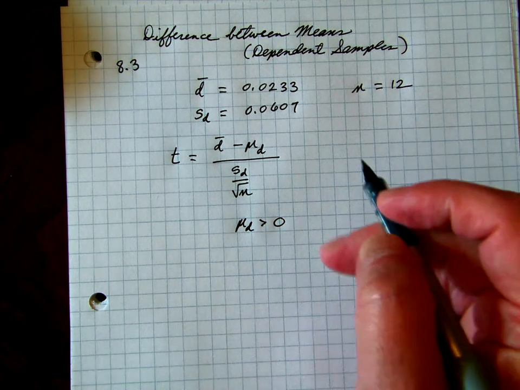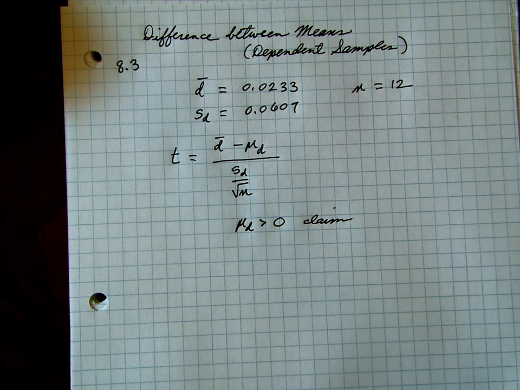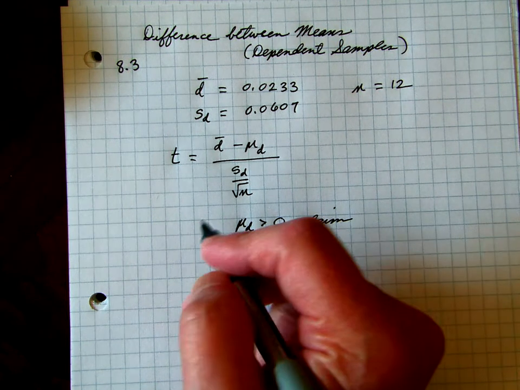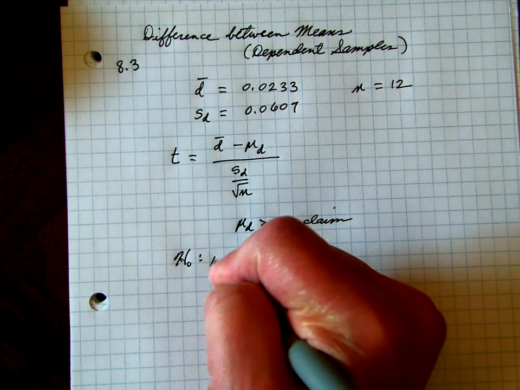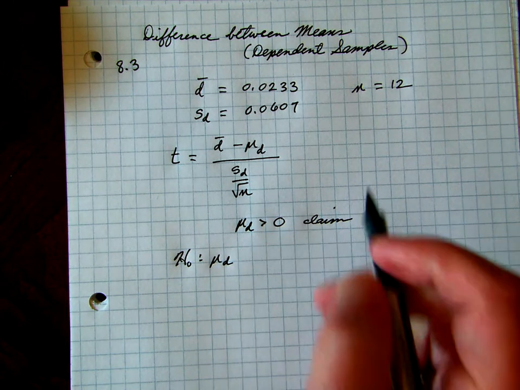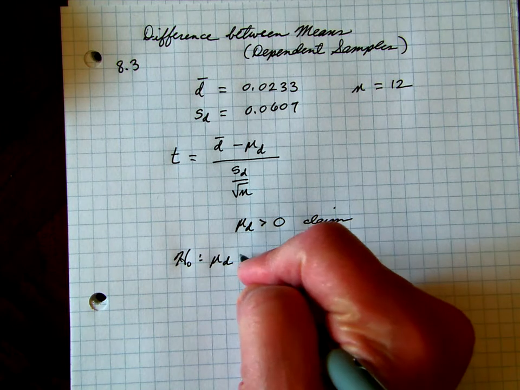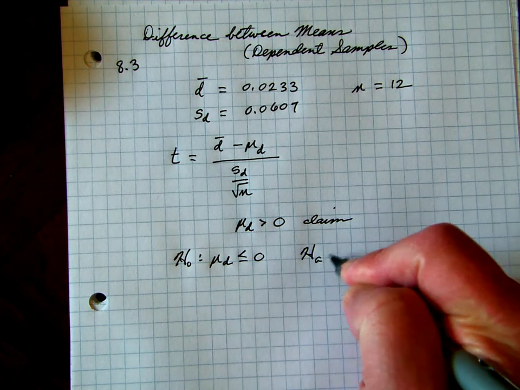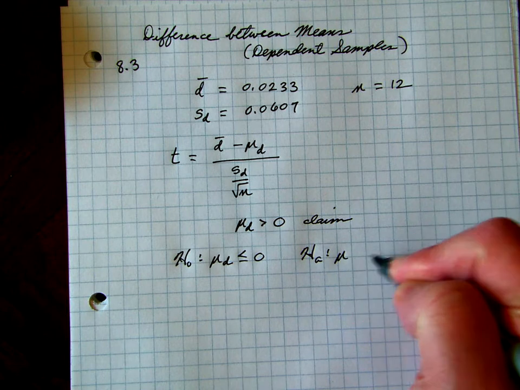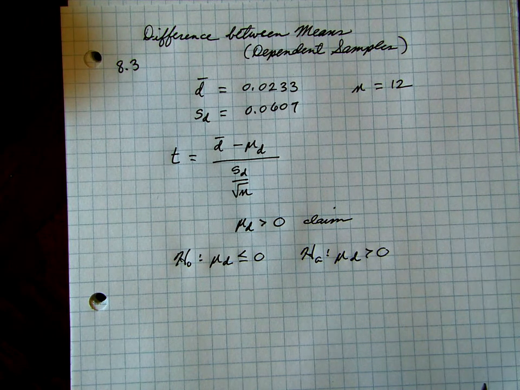And this is the claim, and obviously, it doesn't have an equal sign in it. So our null hypothesis will be that the population mean for the population of differences will be less than or equal to 0, and the claim is the alternative.